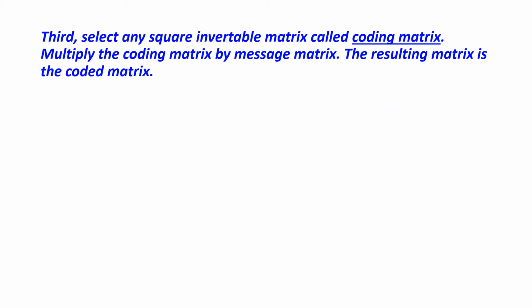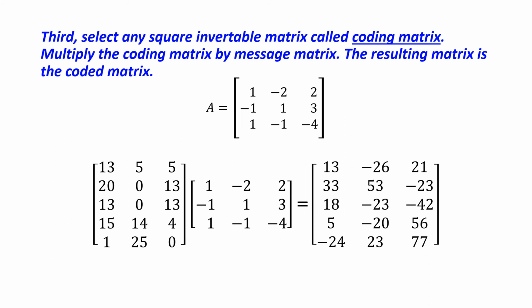For our third step, we have to select any square invertible matrix called the coding matrix. When you encode messages, you can use any coding matrix of your choice. But for this time, let us use this matrix A as our coding matrix. Now we can multiply the coding matrix by the message matrix.